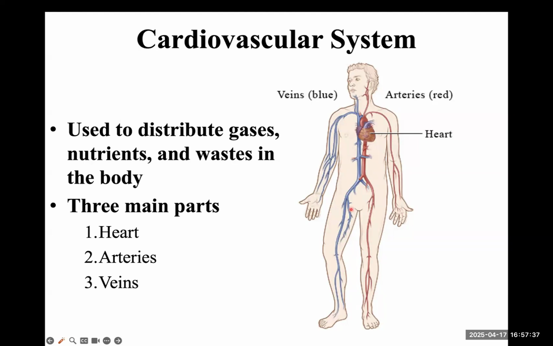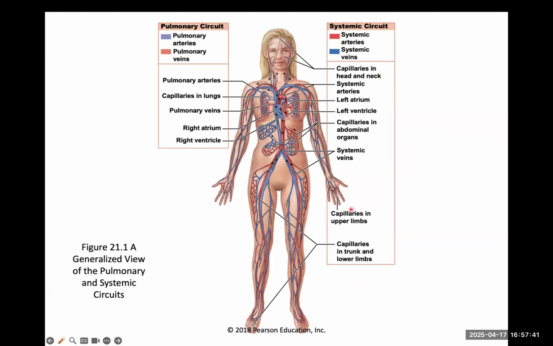So where is the heart located? The heart is located in the thoracic cavity, in your chest. That's where your ribs are, and the heart is in the middle slightly, but not completely.